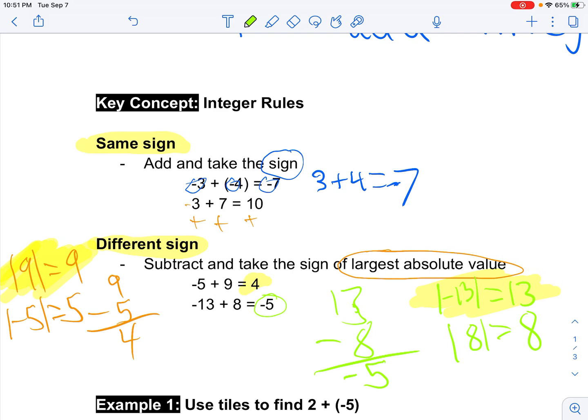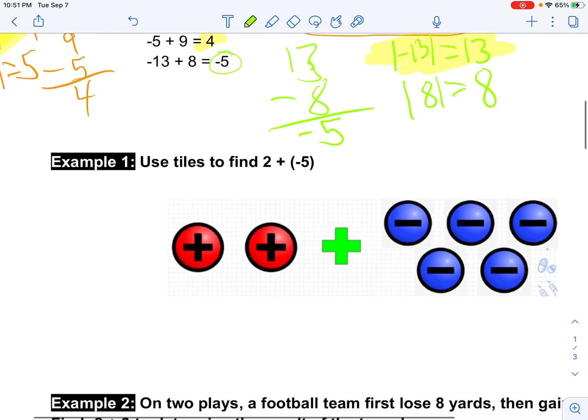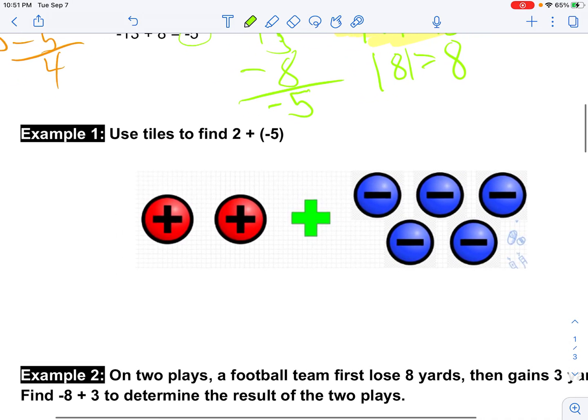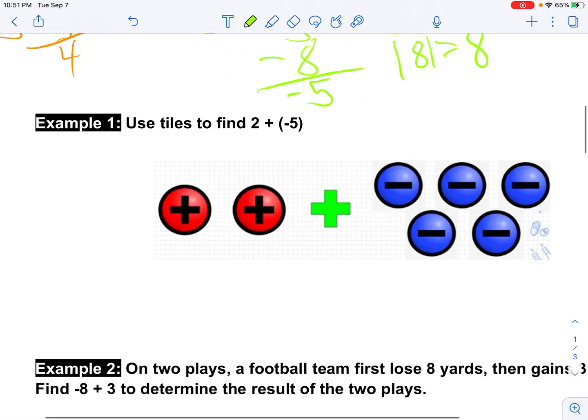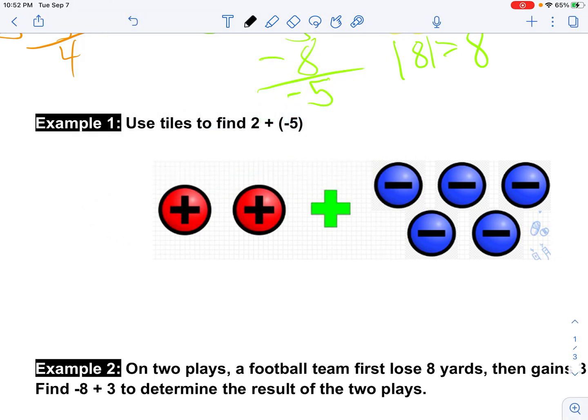So that's kind of like our rules on how to do it. And now we're going to show you some different methods or techniques as to how to think about it. One of the ways is to use tiles like this, positive and negative tiles. So if I think about, okay, I have 2 positives and 5 negatives.